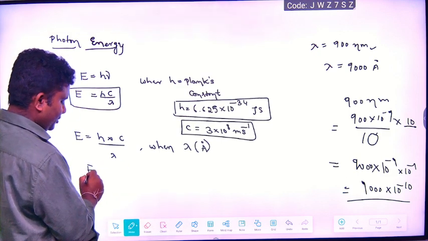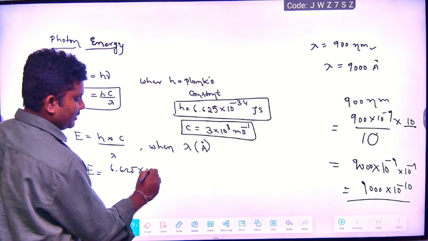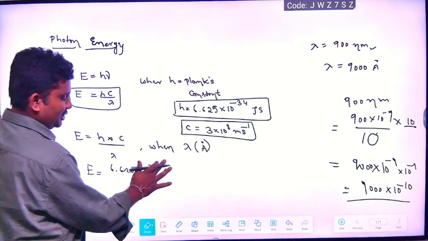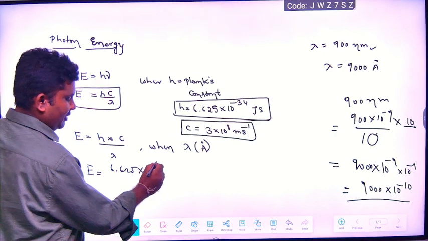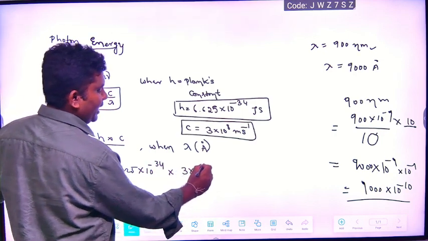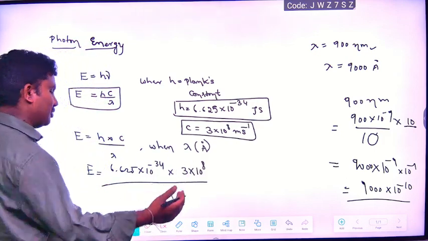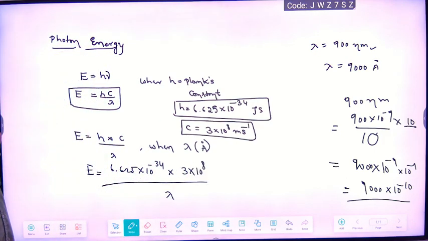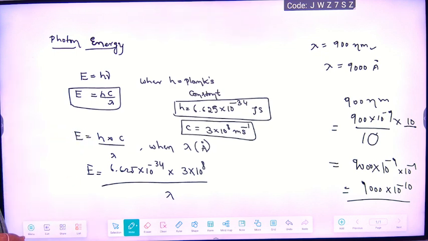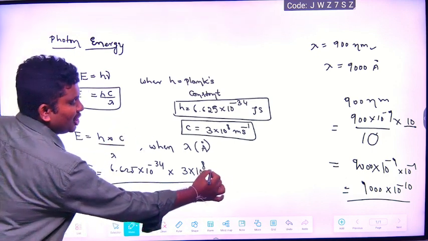E is equals to h c by lambda. h is how much? 6.625 into 10 to the power of minus 34 joule second. Correct? Understood? c is 3 into 10 to the power of 8. Lambda you keep as it is. Now whatever value you got, that is in joules.